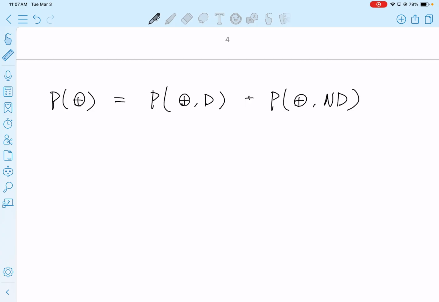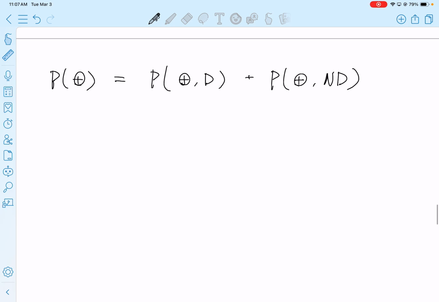Question? So here you don't need to use any conditional probabilities? Not yet. So now I'm going to calculate the two joint probabilities using the conditional. So what I mean is the following.